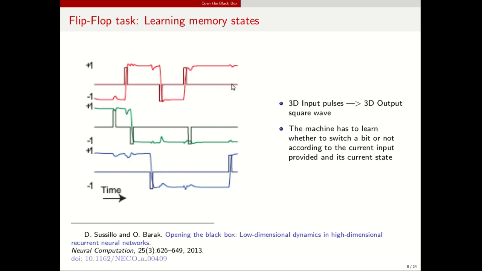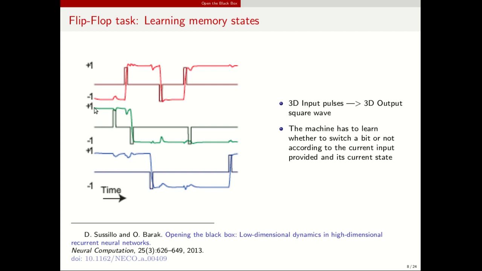The task is the following: if the input is 0, the output of the corresponding component must remain still. Once we get a positive pulse, then the output of the first component must switch from -1 to +1. And then when we get a negative pulse, the output of the first component must switch to -1, and so on.